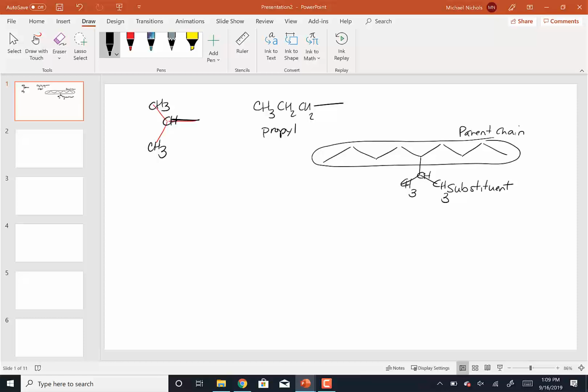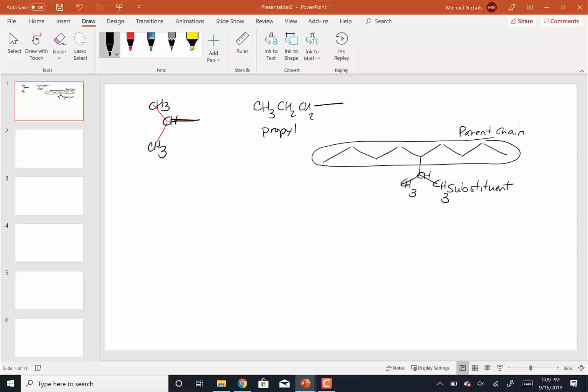And for all of these commonly accepted IUPAC names, the total number of carbons is their parent name. So anything with 4 carbons is going to be butyl. What kind of butyl? Depends. Anything with 3 carbons is a propyl. So a straight-chained propyl group is a propyl group.